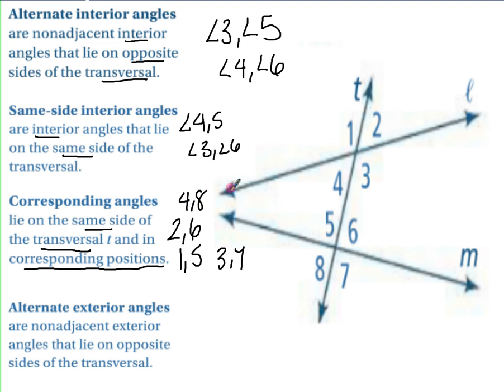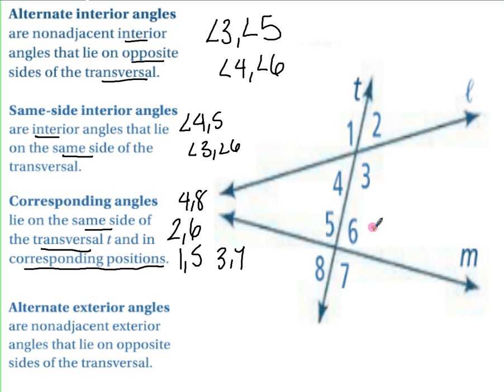Right, they're on the same side of the transversal. Okay. And they're in corresponding positions. So if I look at my 2 and 6, they're both kind of on top of those lines, right? 2 is on top of L and 6 is on top of M.